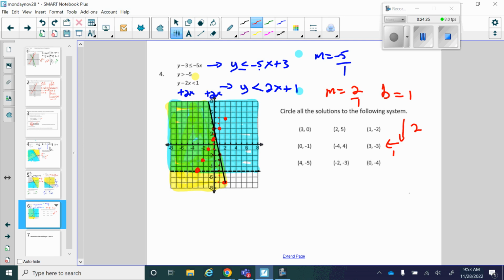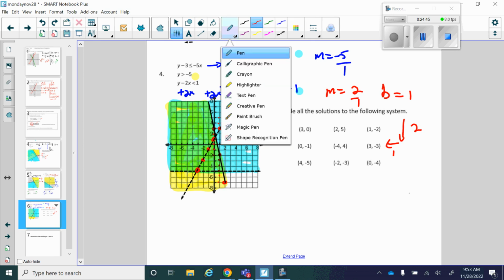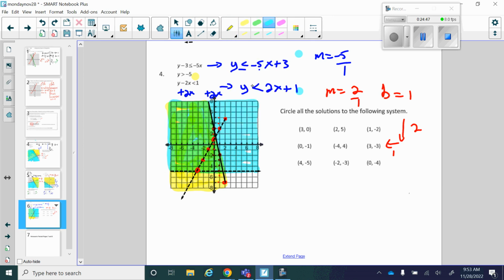Now this is a dashed line. So I'm going to use a dashed line to connect. And I am shading what area now? I'm shading below the line. So let's find a different color. Let's go with this color right here.